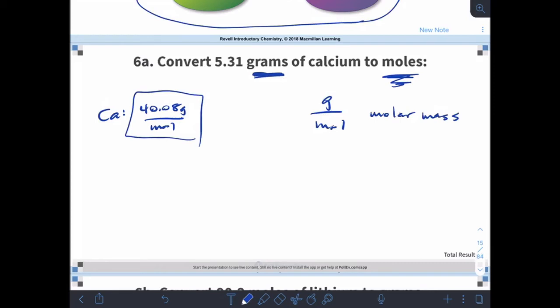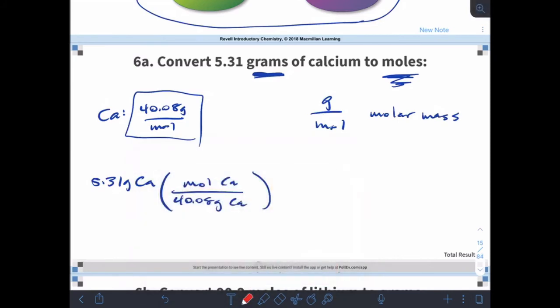So I'm going to do this just like every other conversion problem we've done so far this semester. I'm going to start with my given information, 5.31 grams of calcium. And I'm going to write my conversion factor so that the grams cancel out. So I'm going to put 40.08 grams of calcium on the bottom and moles of calcium on the top.